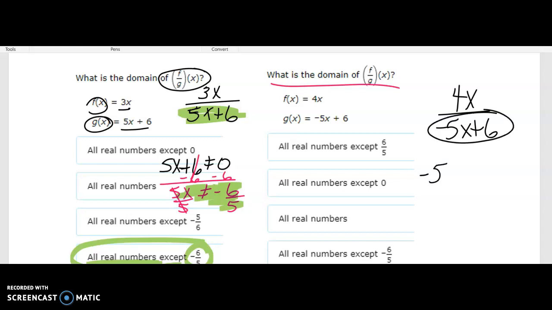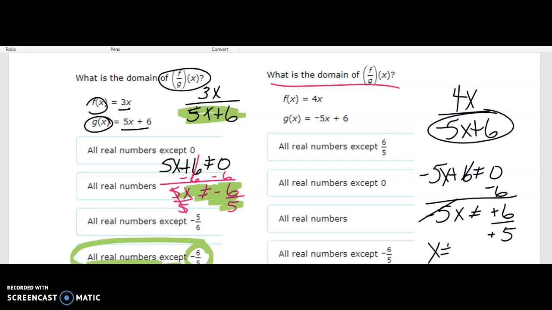So we're going to say negative 5x plus 6 cannot equal 0. We're going to take that 6 over. We're going to bring the negative 5x down, cannot equal a negative 6. We're going to divide by negative 5. A negative 6 over a negative 5 is a positive, so x cannot equal positive 6 over 5. What is the domain? Any number except for 6 over 5.